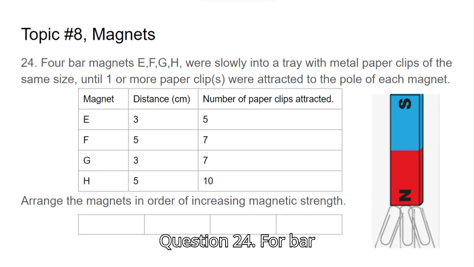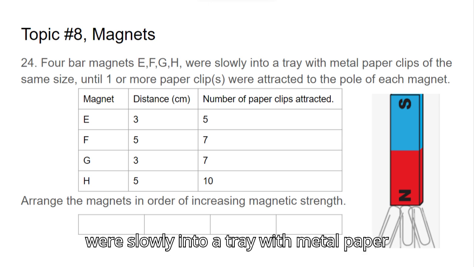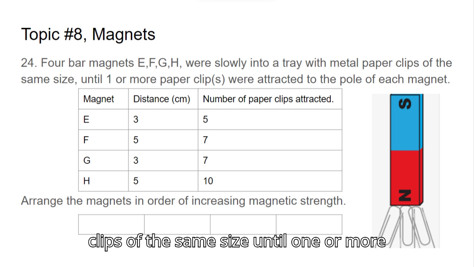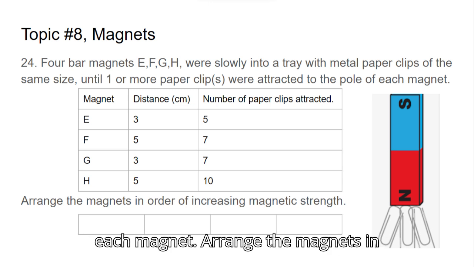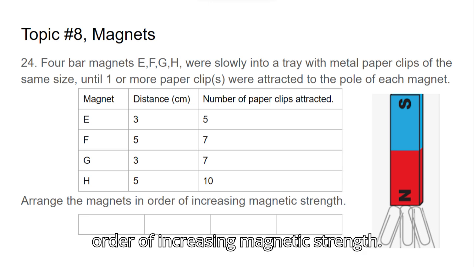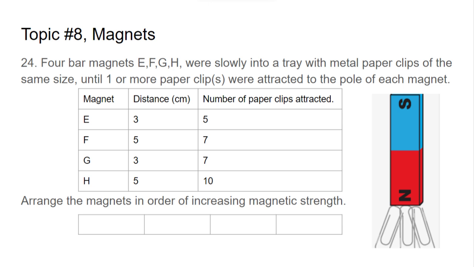Question 24. Bar magnets E, F, G, H were slowly lowered into a tray with metal paper clips of the same size, until one or more paper clips were attracted to the pole of each magnet. Arrange the magnets in order of increasing magnetic strength. Solution.